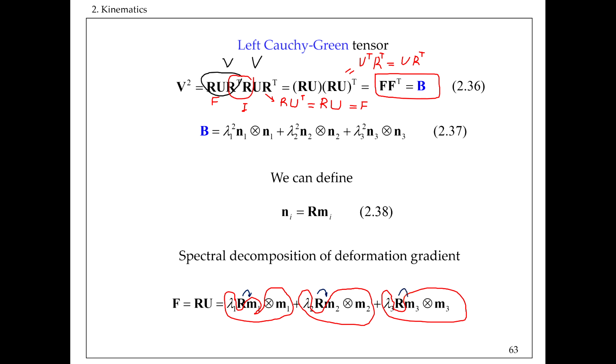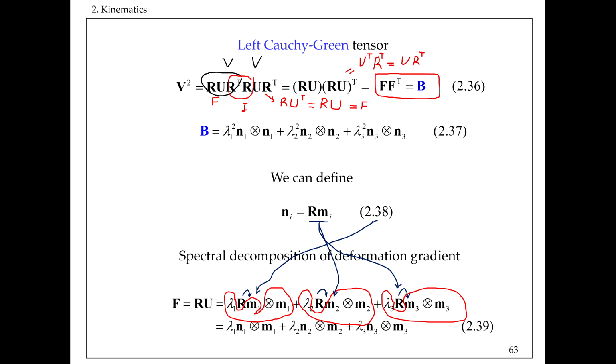It transforms it, basically rotates it, into a new vector, and that vector will be n1, n2, and n3, depending on which of these m's R is acting on. So we're just using formula 2.38 to calculate what's going on when we multiply this R with M, and therefore the result for F will look like that, right?